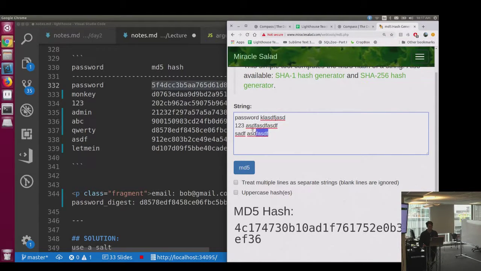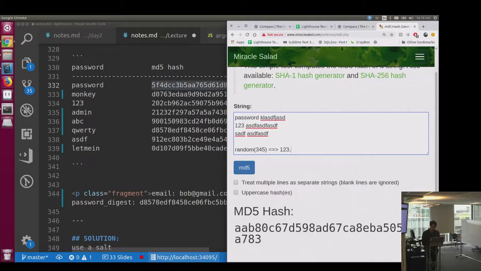The other way wandering salts are created is with random or pseudo-random number generators. There are random number generators or random string generators where you normally give it a seed, which is an initial value to randomize everything. If I give it the same seed, it's going to generate the same random numbers in the same order.